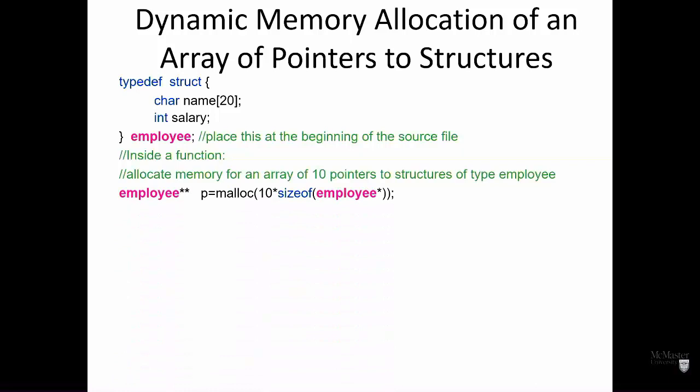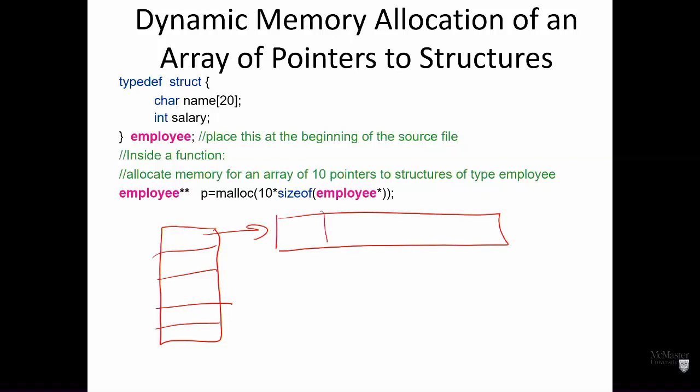Now I want to allocate an array of pointers to this. You remember we had this example last time, where each one of these was pointing to another array, right? So an array of pointers to other arrays.